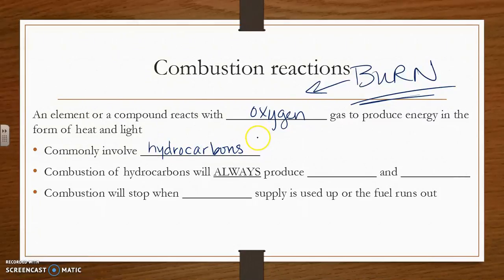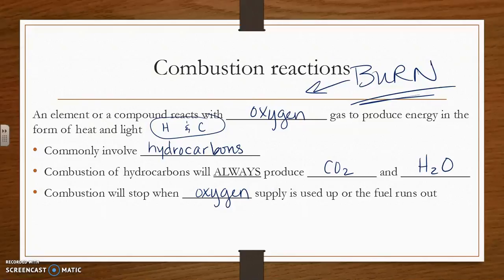Hydrocarbons are called hydrocarbons because they have hydrogen and they have carbon. Combustion of hydrocarbons always produces carbon dioxide and water. And the combustion will stop when the oxygen supply runs out or when the fuel, what it's burning, runs out.